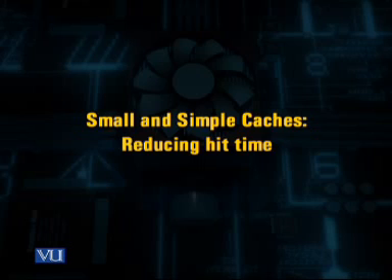This avoids the time penalty for going off the chip, and a cache can be made simpler, such as direct mapped, so that the tag comparison can be overlapped with the data transmission.